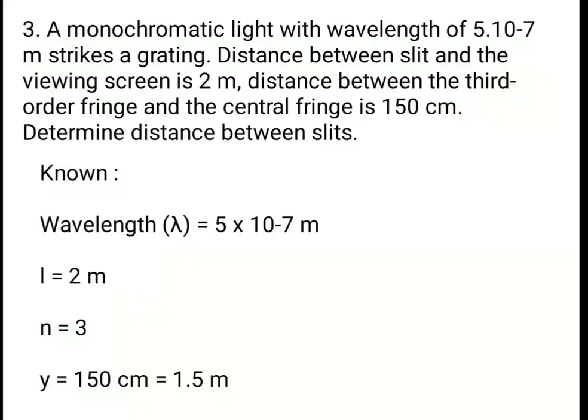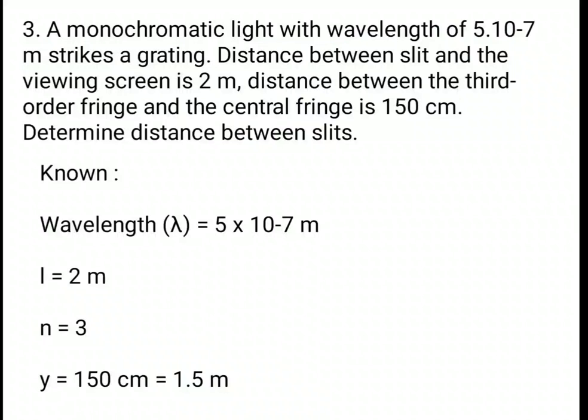So n is equal to 3. Now, the third order fringe and the central fringe are at a distance 150 centimeters. It is indicated by the letter y. So y is equal to 150 centimeters.